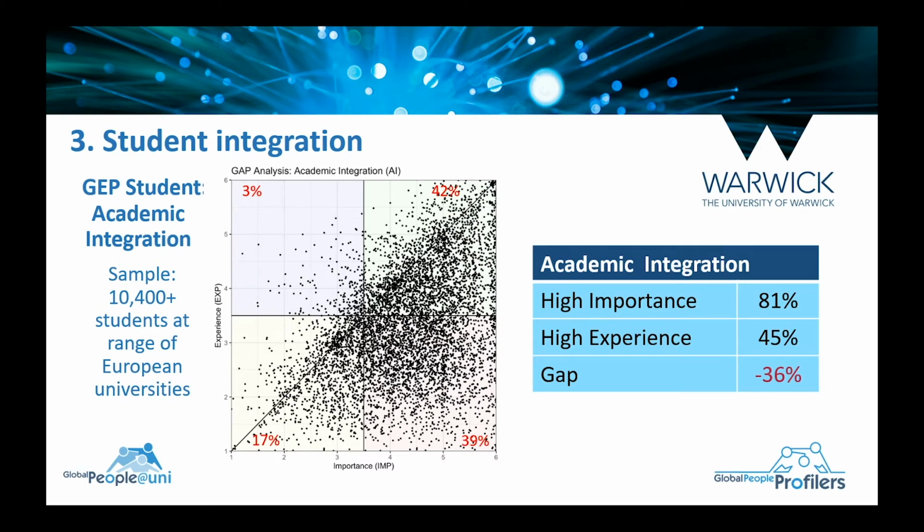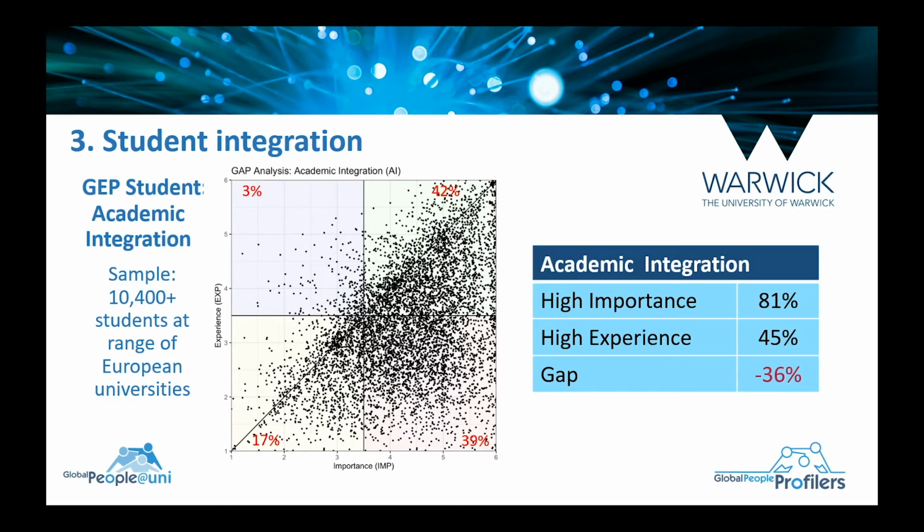If you look at the top 2 quadrants, those saying they've got high experience, we only have 45% who are saying that they've got high experience. That's leading to a gap of 36%.